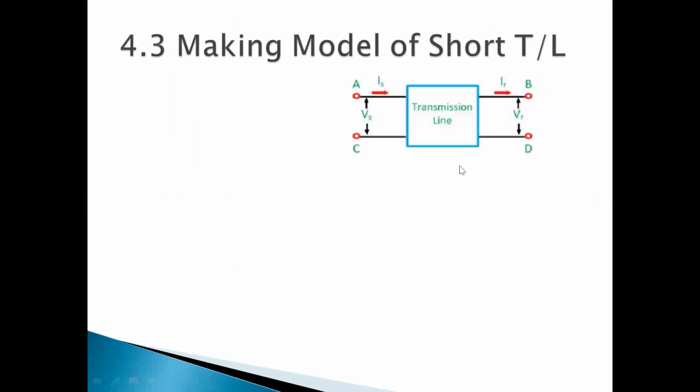So when we make a model of transmission lines, what is in the box is constant. This transmission line actually has some capacitance, some resistance, some inductance, but the sending end voltage and sending end current can be changed at any time.